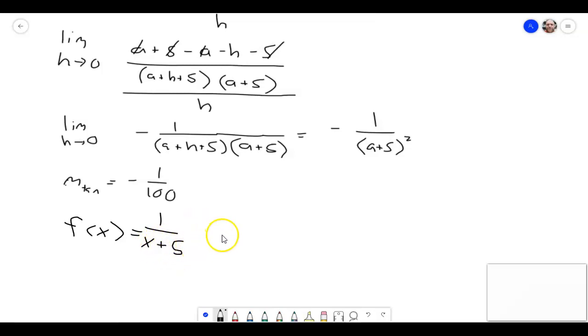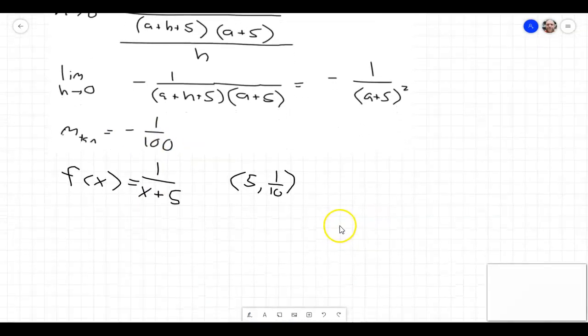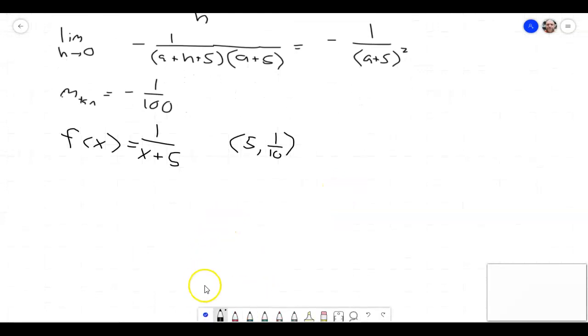Therefore, if we plug in the value of a, which is 5, we're going to get the point 5, 1 over 5 plus 5, which is 10. So 5, 1/10. So this is the point on the curve that we're actually finding the tangent line for. So now we have a point and we have a slope that lends itself very nicely to the point slope formula. So that's how we'll finish this up here.